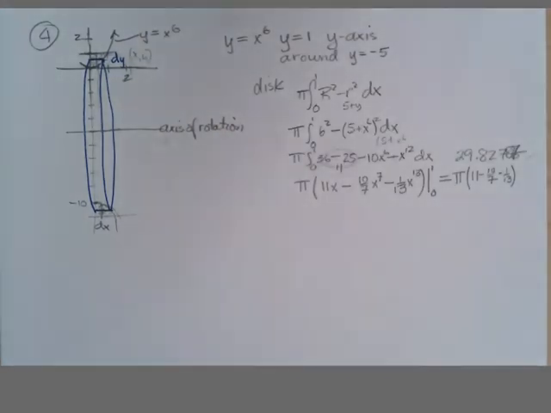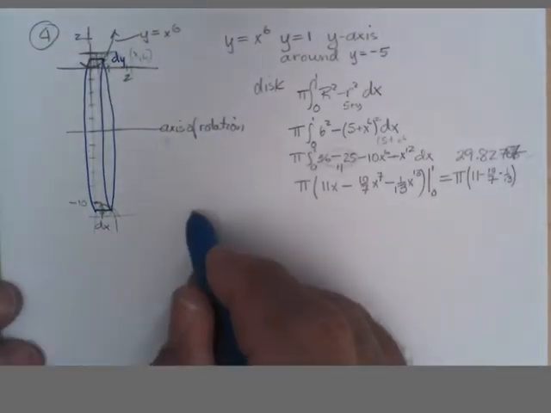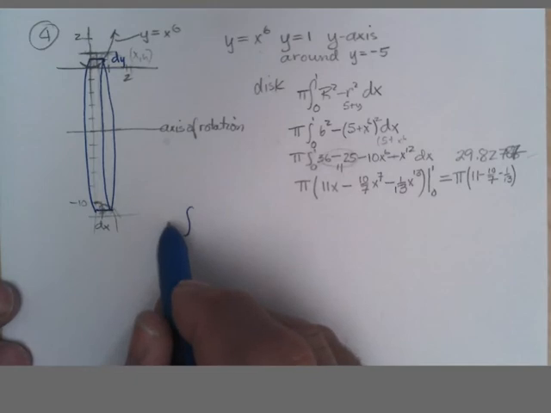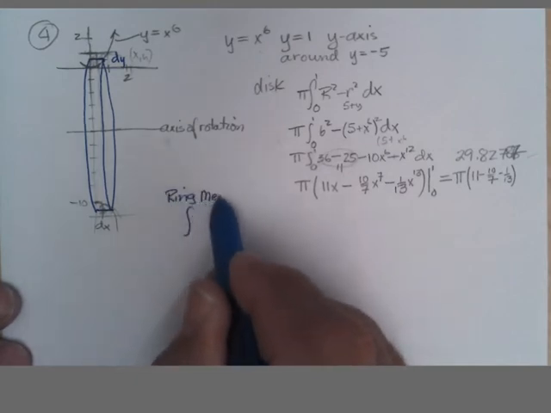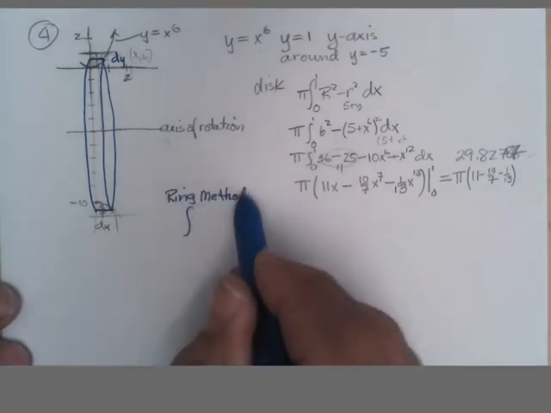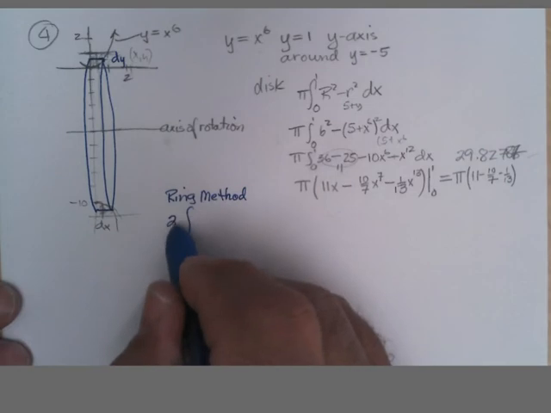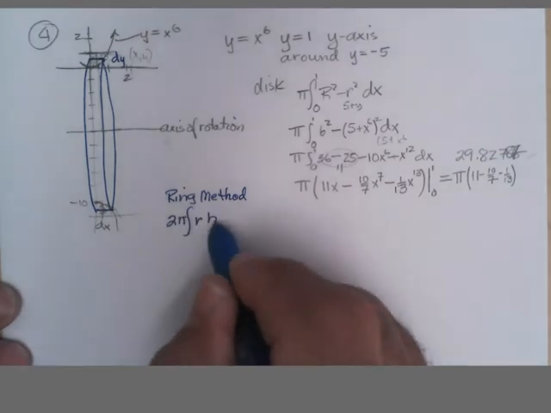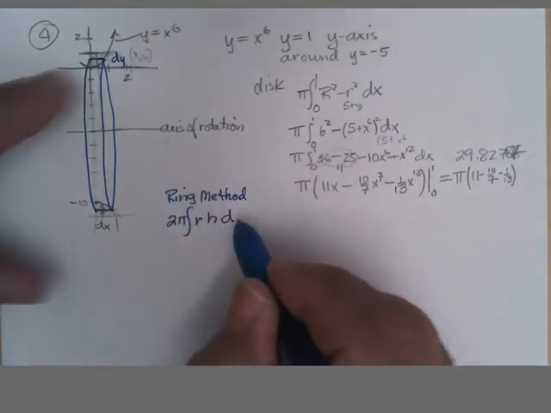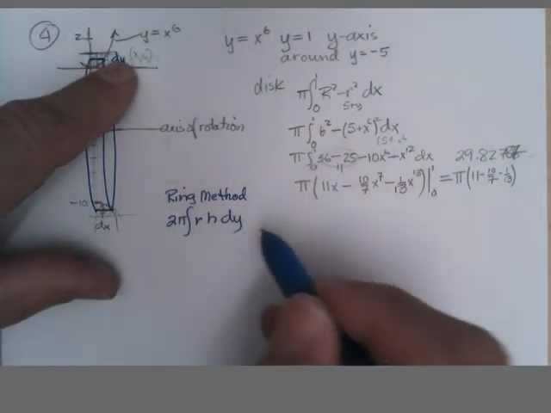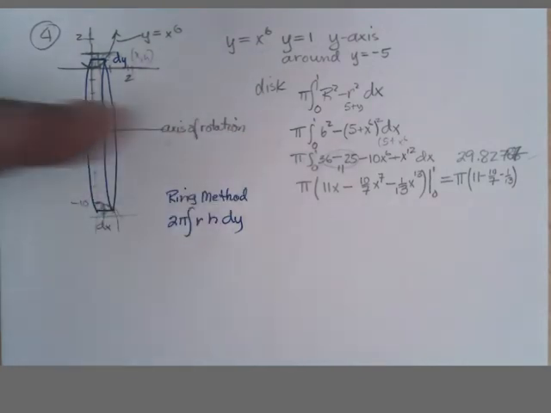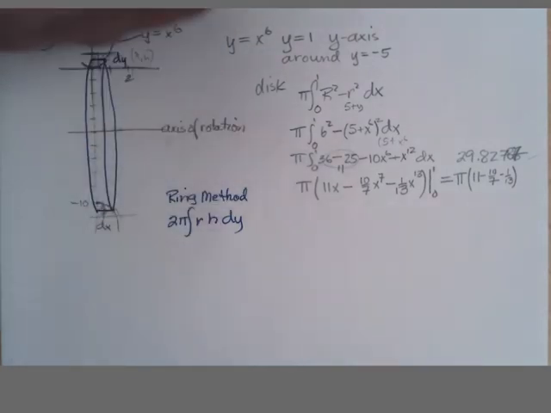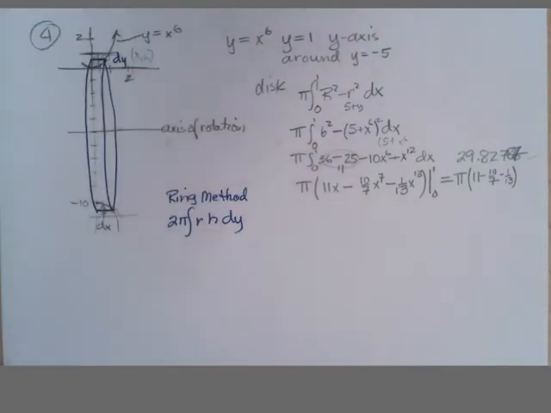Do you see that piece of pipe there? So the integral for the ring method is 2 pi r h dy in this case, because we're slicing parallel, so the thickness is up and down, it's in the y direction.